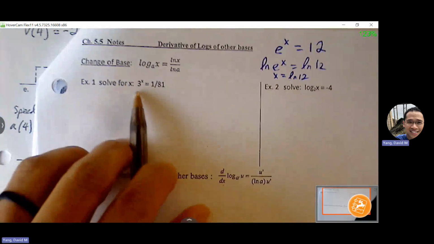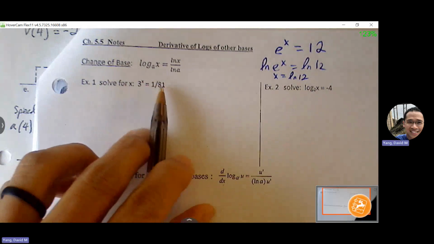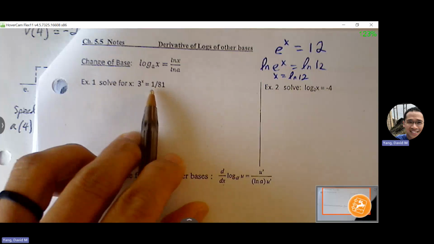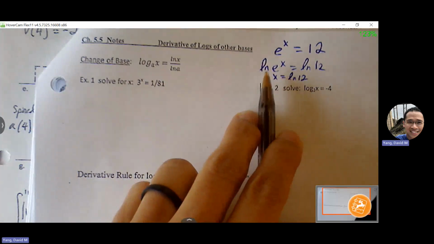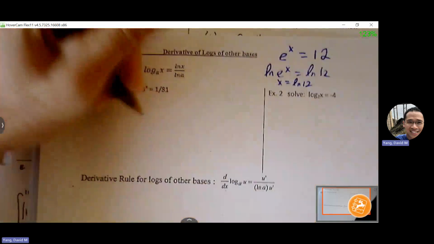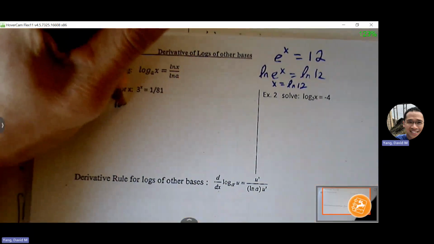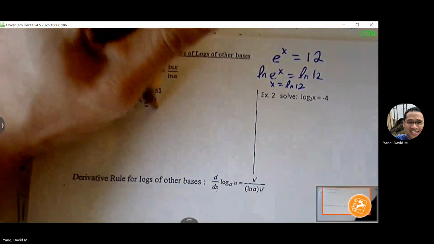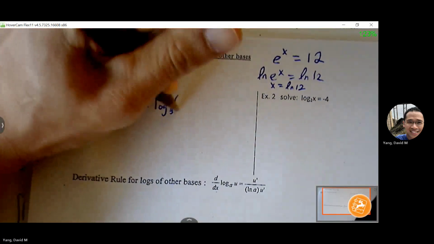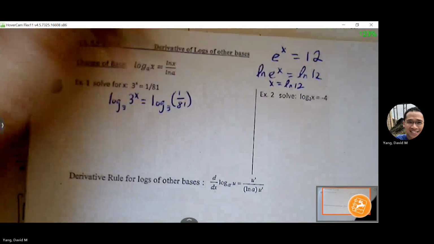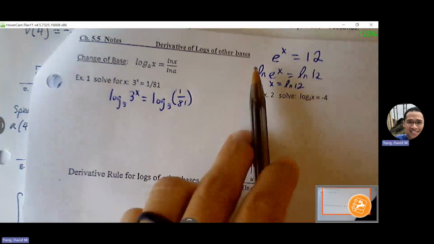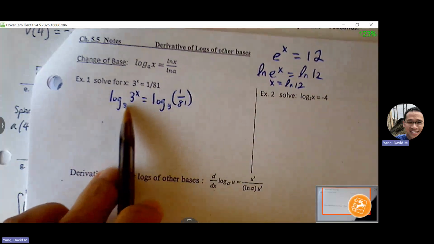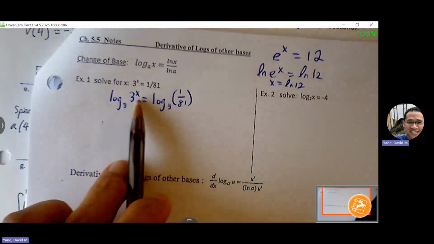So if I have 3 to the x equals 1 over 81, I can take the log of both sides, but it won't be natural log because natural log would be base e. I can take log base 3 of both sides. Much like how natural log and e cancels out, same thing, log base 3 and 3 will cancel out because this is exponential in a log.